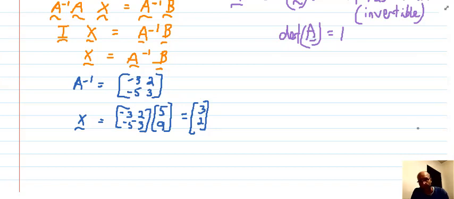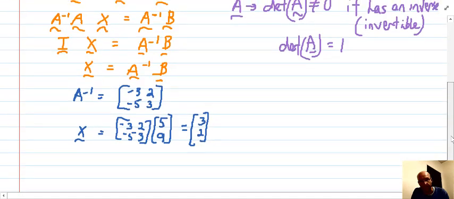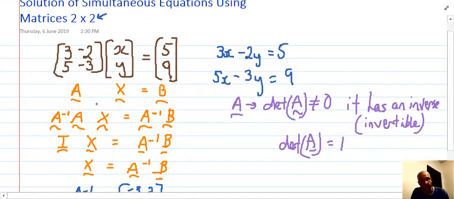Now if you go back and look at the form of X back up here, there's X. X has two elements, little x and little y. They're the solutions to the simultaneous equations there. So you can try it yourself. Easiest way is to substitute those values.